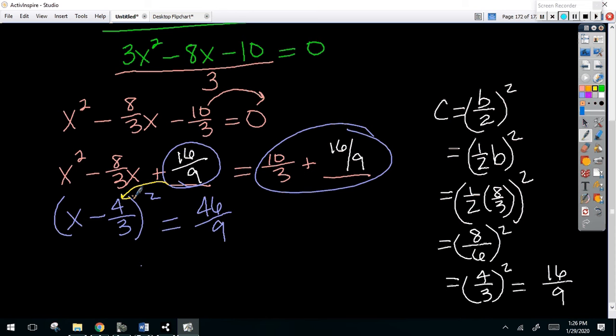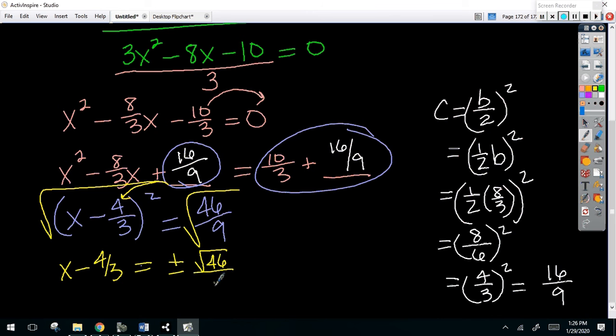All right, so to finish solving, all you should have to do is do the square root. Plus or minus, 46 does not have a square root, but 9 does. It's 3. And then all you have to do, I'm out of room, is add the 4/3 to both sides.